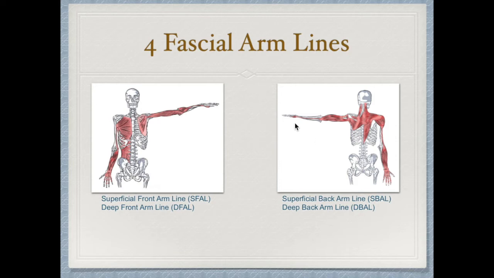Over here, this is the deep back arm line, and we can see that it looks a lot like the small intestine meridian. So small intestine 3 would be right here, which is the command point and the confluent point for the Du meridian. So we can see that included on this line are the levator scapulae and then the rhomboids, which have these major attachments to the spine in the thoracic and cervical area.